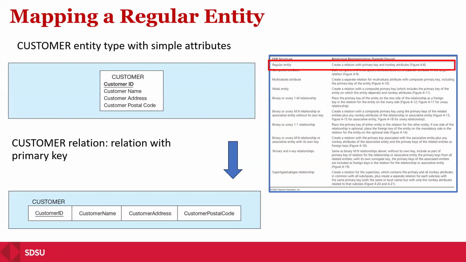So here we have a customer relation, pretty much a set of four boxes, with one underlined attribute, customer ID, which is a primary key. We also put the name of the relation on the top. So as you can see here, we have the word customer on the top, and then we have a little box for each attribute. The primary key of the relation is underlined, in this case customer ID. Pretty simple, right?